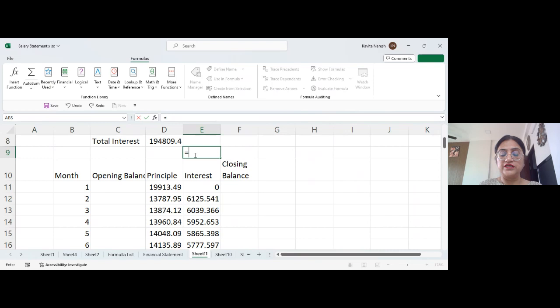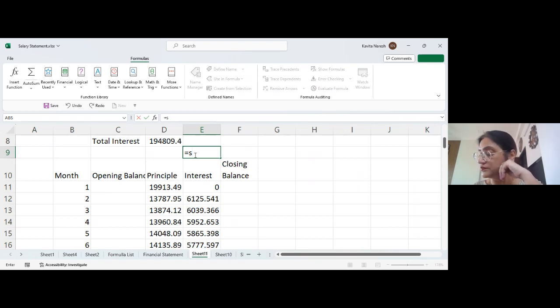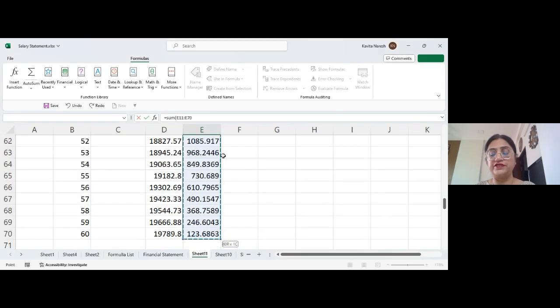The total of the interest is equal to sum. Then take the total of interest.